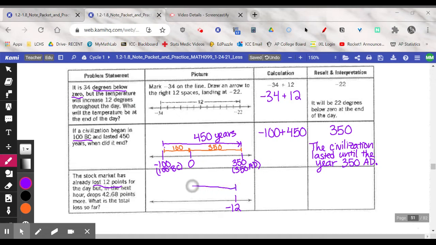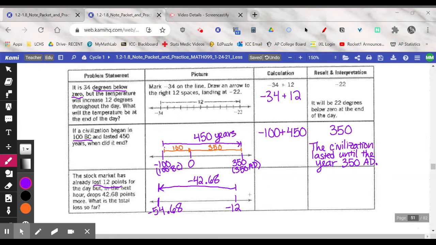And then we're going to show that it went a negative distance of 42.68. So it went that way. So we would end at a total of negative 54.68. Because if it already dropped 12 and it dropped this much more, that's a total loss of negative 54.68.